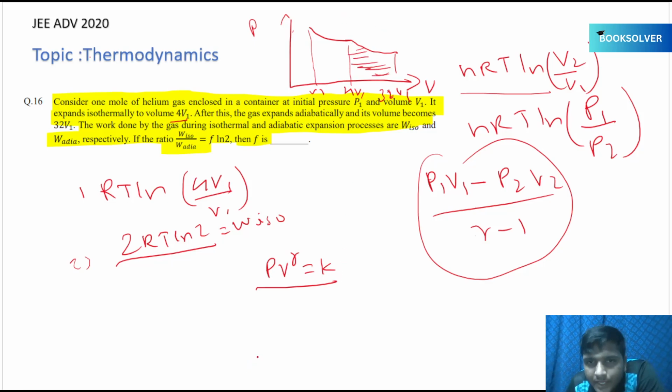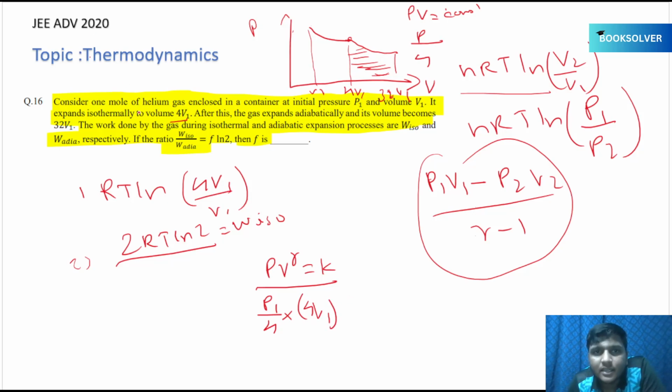So how can we solve it? Let me write. At this point, what is the pressure? Because it came from the isothermal path, PV equal to constant should be maintained. So if V becomes 4V1, P should become P1 by 4. At this point, P is equal to P1 by 4 and V is 4V1, to the power gamma. As helium gas is a monoatomic gas, we know that gamma is equal to 5 by 3.